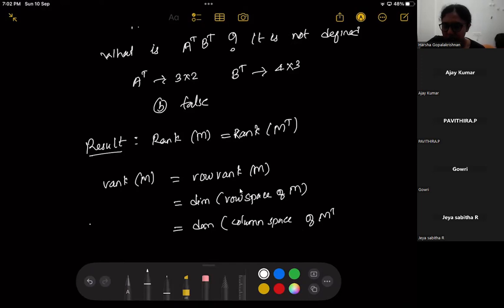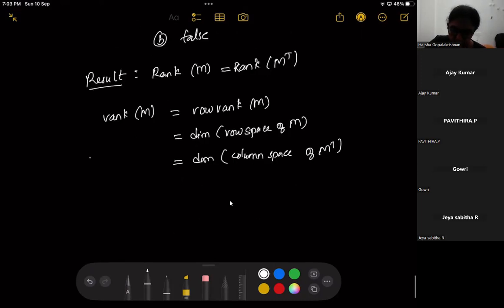Is this statement clear? The last statement? Is there any doubt in this statement? Why these two are equal? No. Okay. So, this is the dimension of column space of M transpose, means column rank of M transpose.